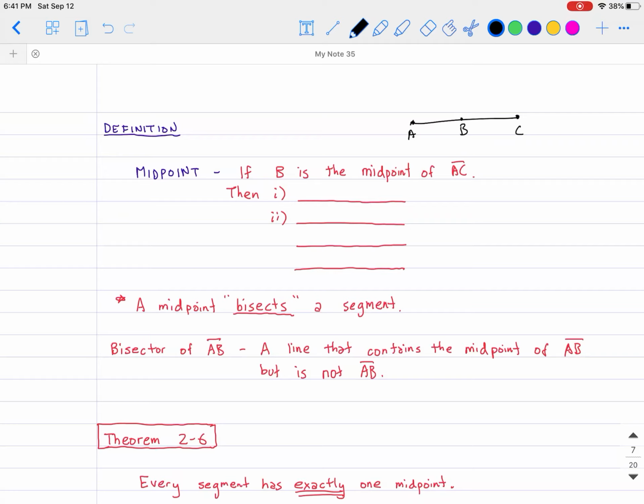So let's think about length. If it's in terms of length, then that means that AB should be equal to BC. So that's going to be one part. We can say AB, the length, is equal to BC, the length right here. Okay. Now, for those of you doing geometry right now, we can also denote it as the following. We can say segment AB is congruent to segment BC, instead of saying that the lengths are the same.